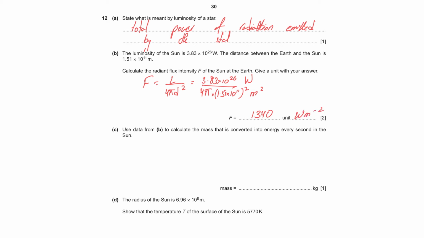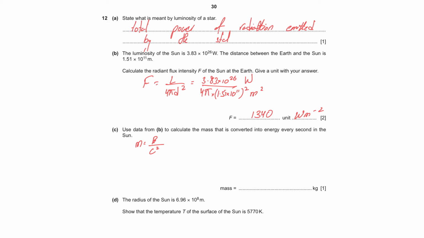Part C says, use data from B to calculate the mass that is converted into energy every second in the sun. The formula E is equal to mc squared. That is the formula that gives us the energy produced from mass, or the mass that produces a particular energy. So m is equal to E over c squared. The energy produced, we've got the power, which is 3.83 into 10 to the power 26 watts. So power is energy produced per second.